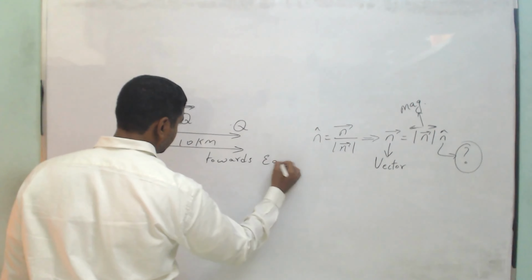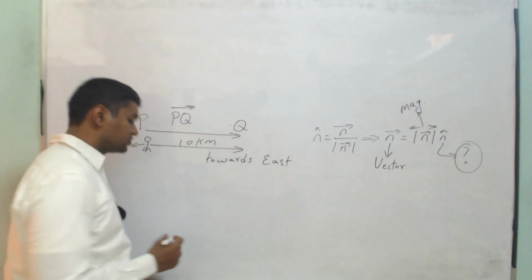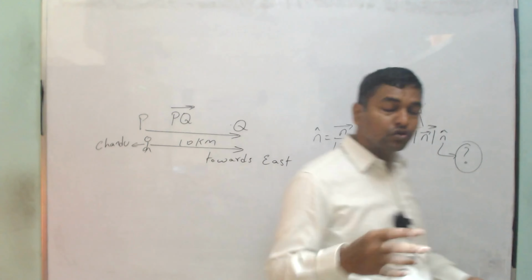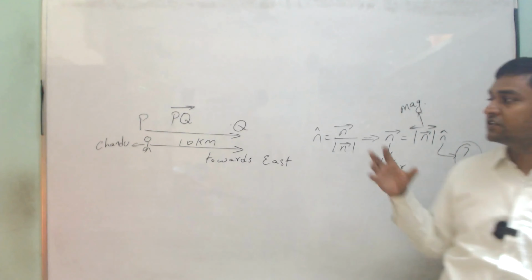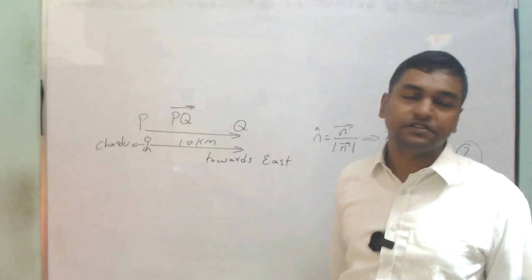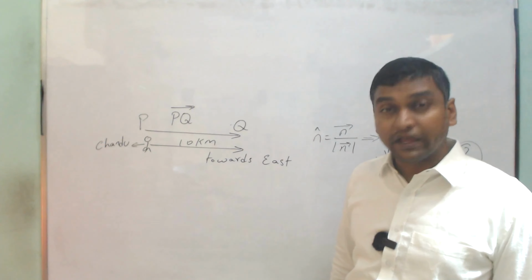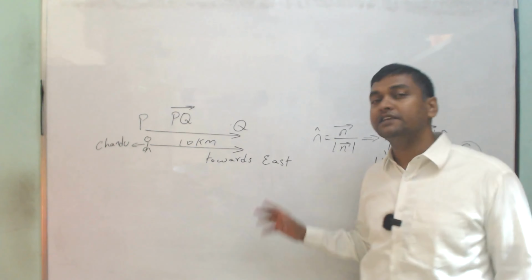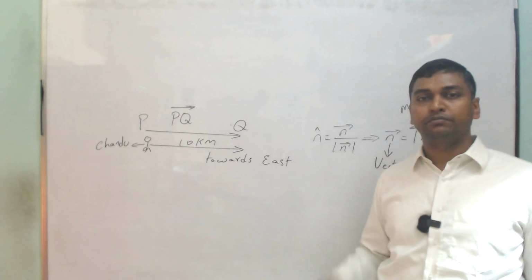Okay. So 10 kilometers towards east is telling you the entire description of the displacement vector, correct? In which 10 kilometers is your magnitude part of it and east is your direction part of it.